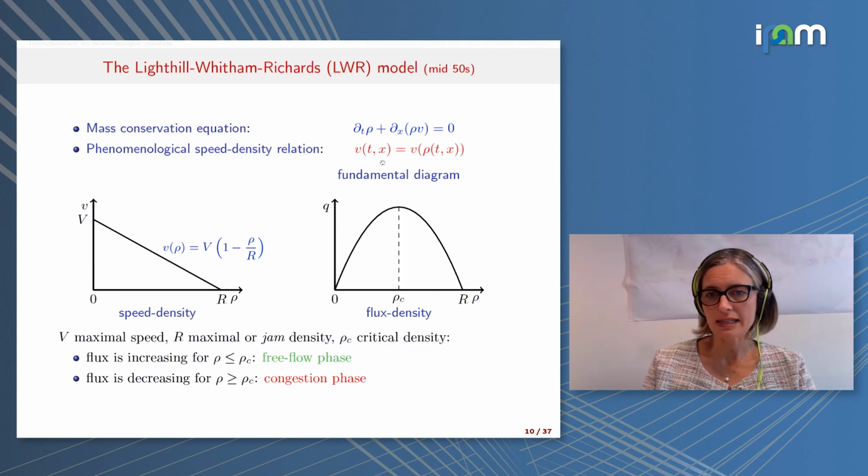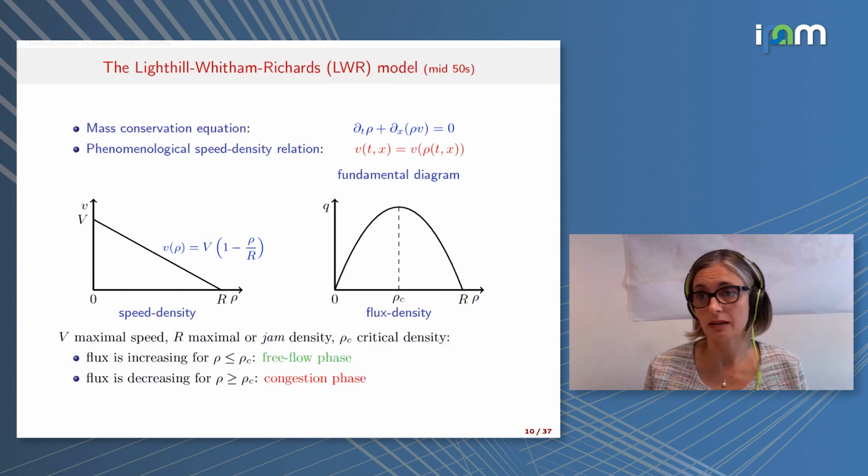So the fundamental assumption is that v is a function of rho and is commonly taken as a decreasing function of the density, meaning that when the road is empty, we can drive at the maximum allowed speed. This is what people usually do.